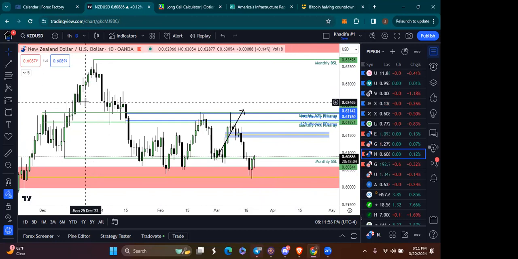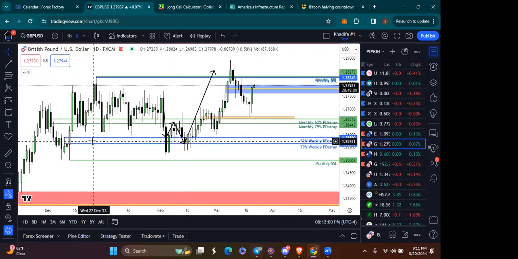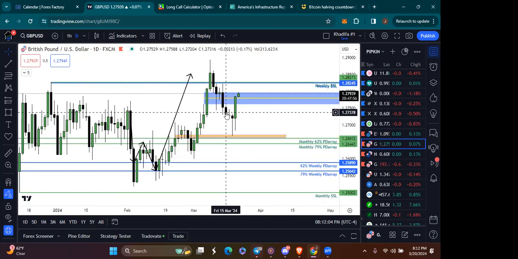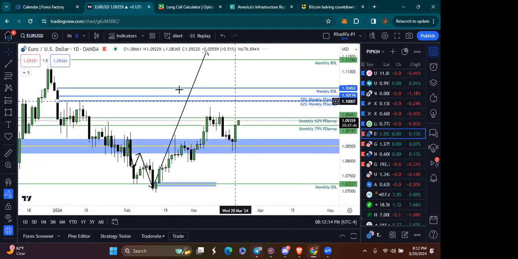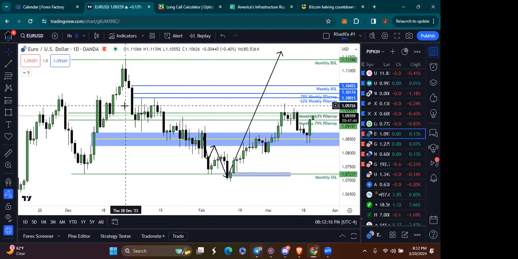It's a couple of days off, but see the pound, December the 28th too. So the pound and NZD monthly buy side liquidities were created on the same day, on the 28th.